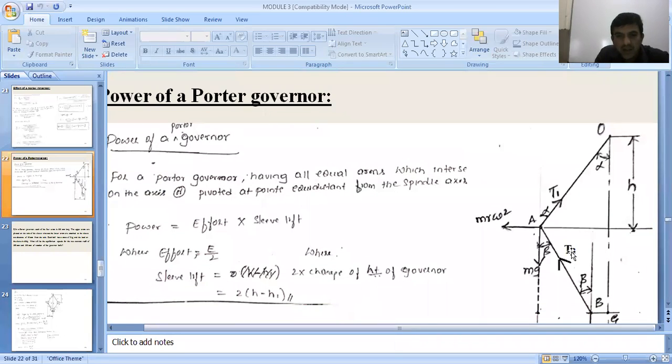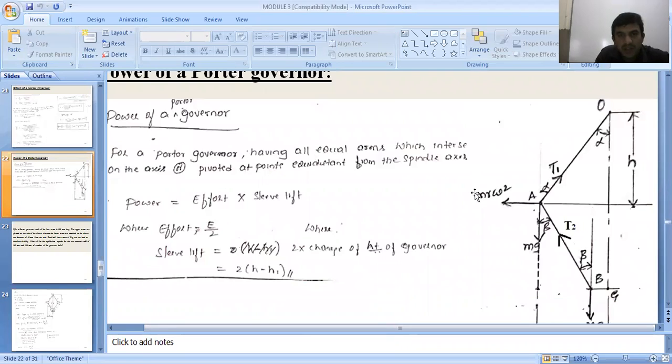What is the sleeve movement? The sleeve has to move from this position, the equilibrium position.